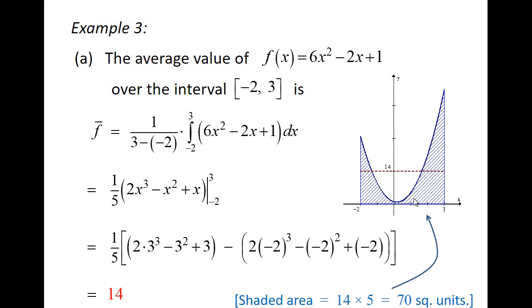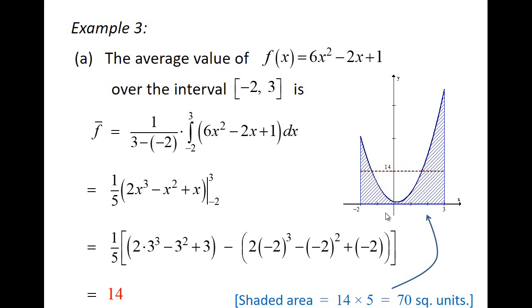And here is the graph of this function f from -2 to 3. And you can see the 14 right out here. So 14 is the average value of this function. Notice that if we multiply the average value 14 with the length of the interval from -2 to 3, the length is 5.